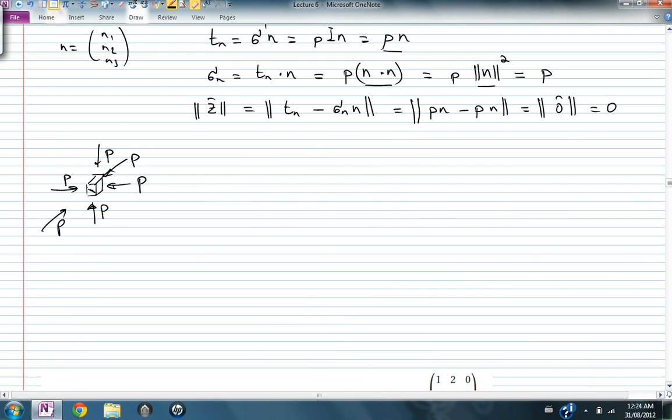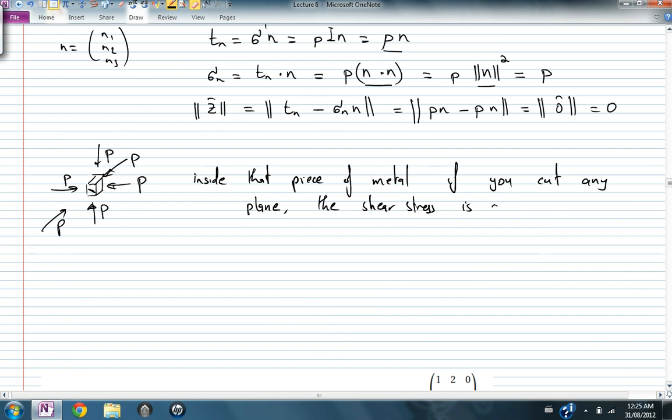If you cut any plane inside that piece of metal, the shear stress is always equal to 0, and the normal stress is always equal to P.